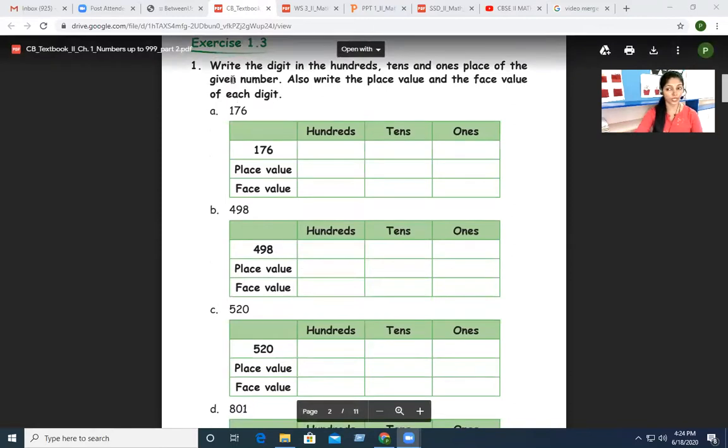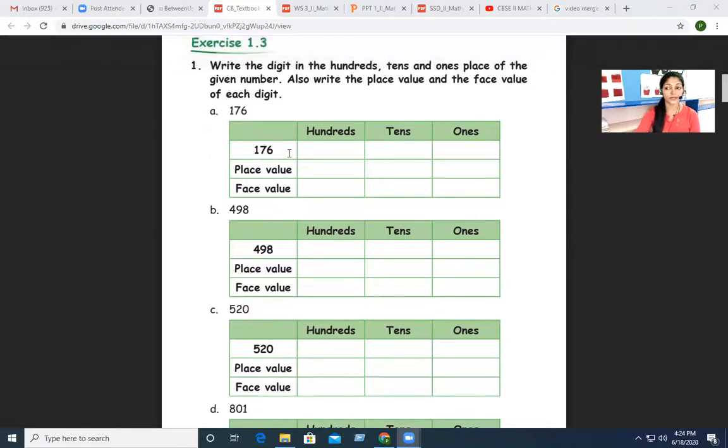That is 1.3. Write the digit in the hundreds, tens and ones place of the given number. Also, write the place value and the face value of each digit. So here, 176. What should you write in the place value in the first one?